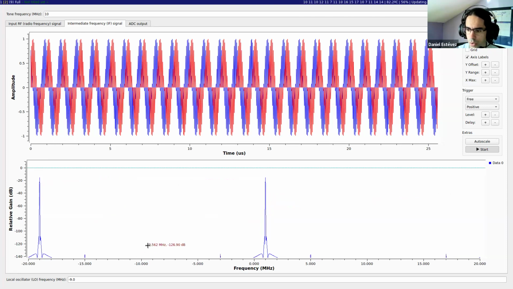For example, I could also do that by doing 11 megahertz, I think, or something like that. Yeah, it looks the same because the one which should go to 21 has aliased to -19. So that's a good point. I should also explain that in a minute. But let me get back to why -9 and not 11.